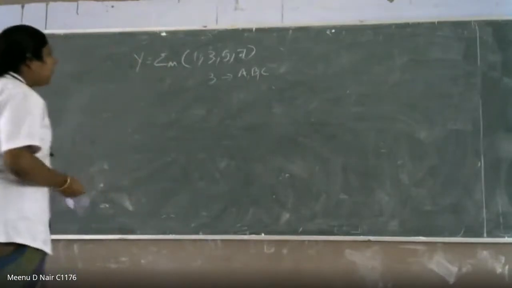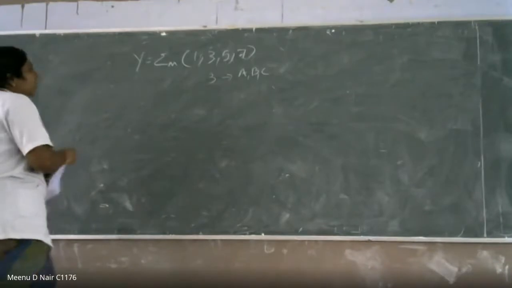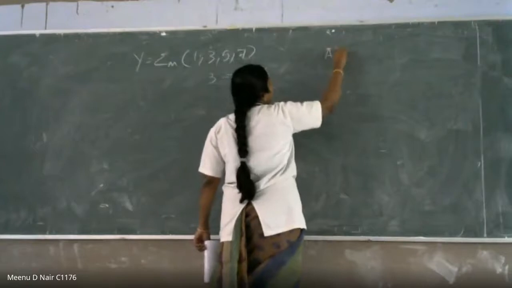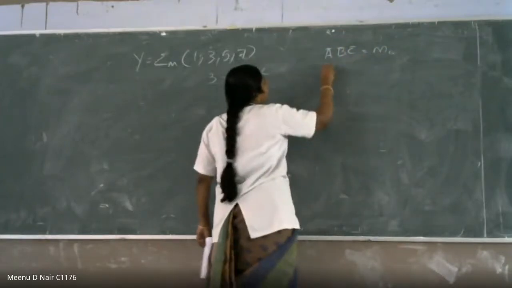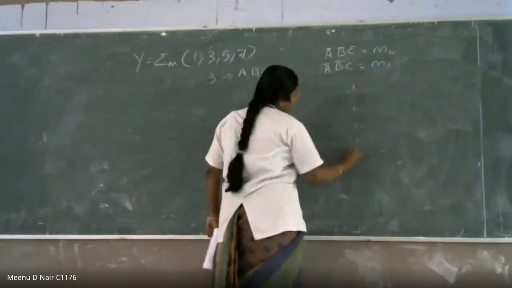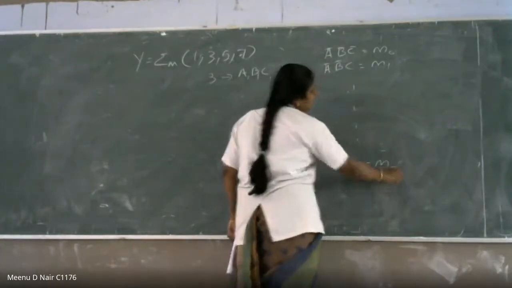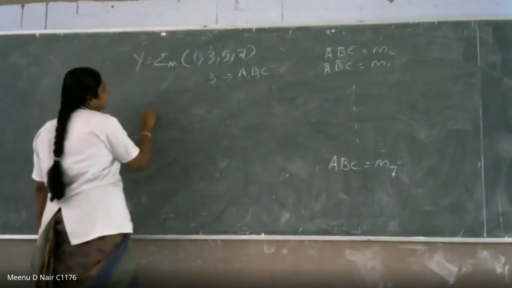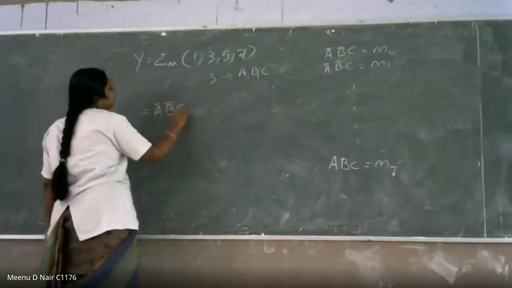A̅B̅C̅ is your m0, then A̅B̅C is your m1, and similarly ABC is your m7. So now you are going to write it in that way. 1 is nothing but A̅B̅C.